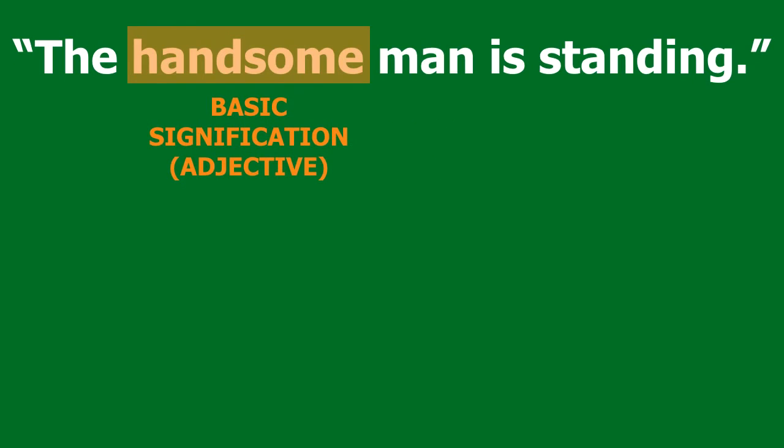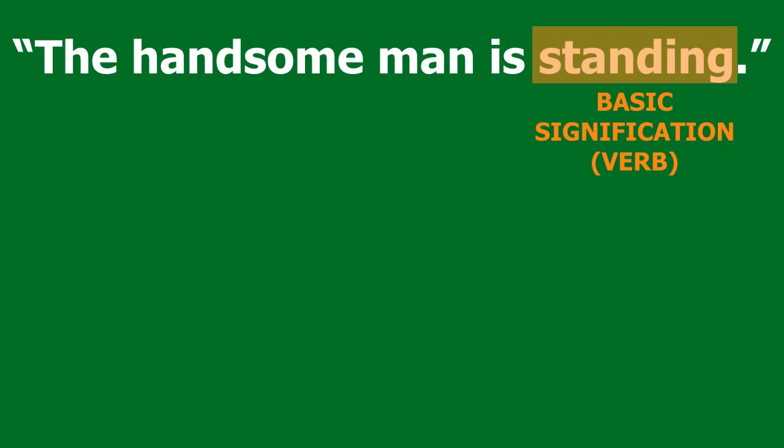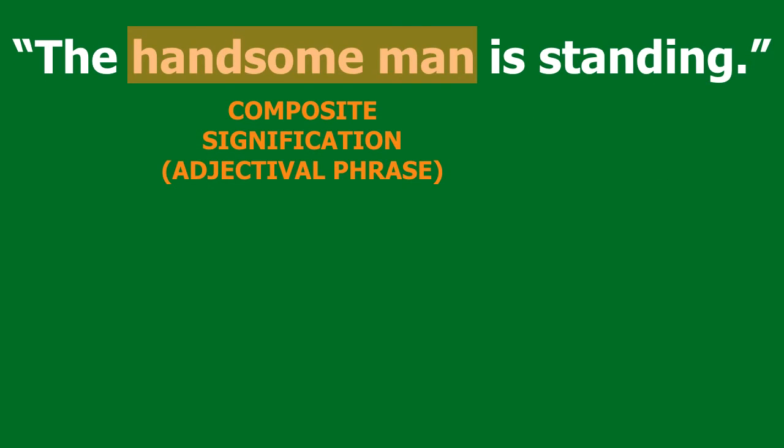The adjective that comes before it also has basic signification, and this sub-expression in English grammar we call an adjective. And finally, we have the sub-expression standing, which also has basic signification, and it's different from a noun because it signifies an action, the action of standing. So this is a verb. These three sub-expressions can be strung together into composite expressions.